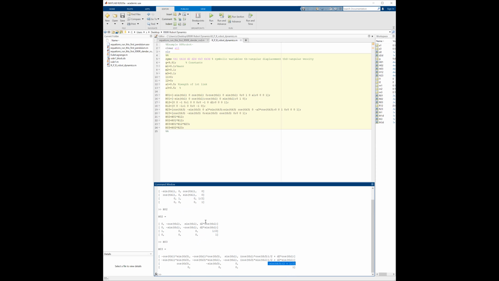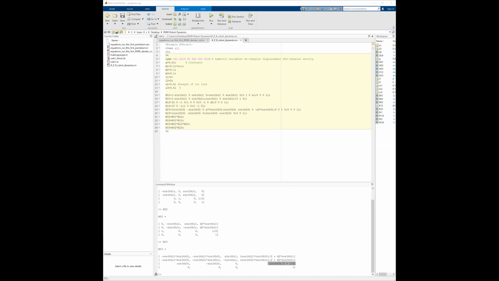So what we need to do is take the derivatives of these and then find out the velocities. But the good news is for the first link, the kinetic energy in translation is 0. And since the rotational inertia in the IZZ direction is 0, the rotational velocity is also 0.